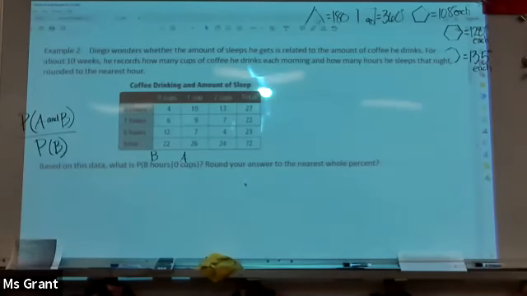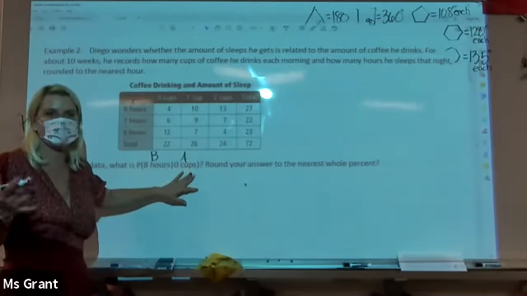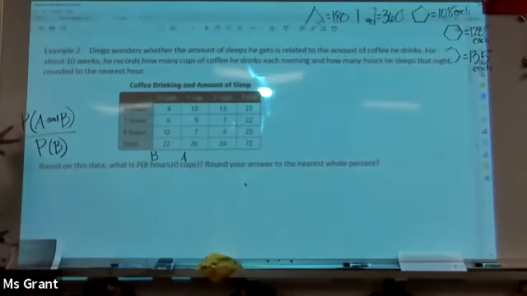Cups versus hours. You have to actually drink coffee or not drink coffee in order to get the sleep. So that has to happen first. I mean, that's common sense, right? So I'm going to do this right here.